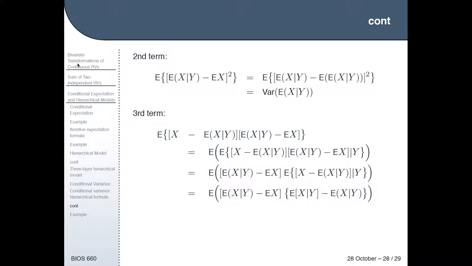So then the second piece can be rewritten as the expected value of X given Y minus the expected value of X given Y. Well, that is, of course, equal to 0. So when you multiply the whole thing together, it goes to 0.